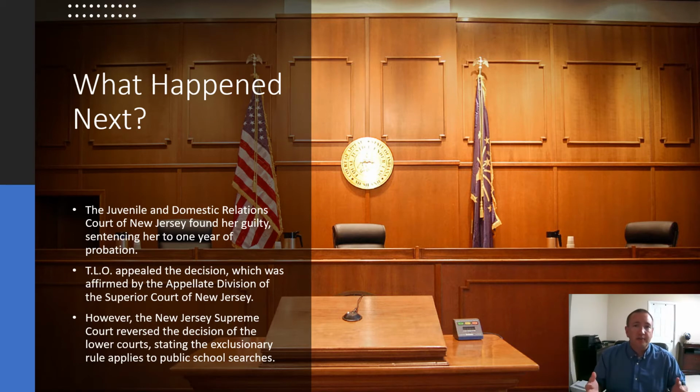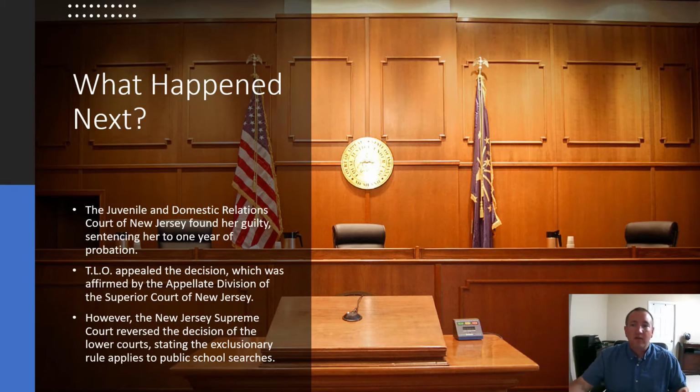They found her guilty and sentenced her to 1 year of probation. Now, T.L.O. appealed the decision. It went to the Appellate Division of the Superior Court of New Jersey, and they affirmed the decision of the lower court. However, when it was appealed to the New Jersey Supreme Court, they actually reversed the decision and said that the exclusionary rule applies to public school searches.